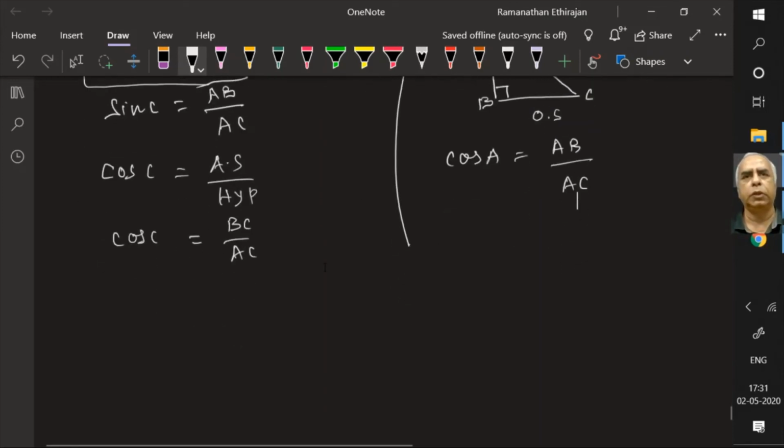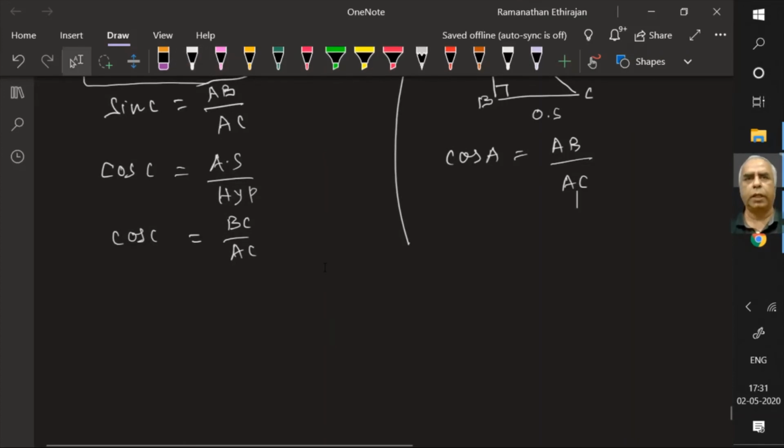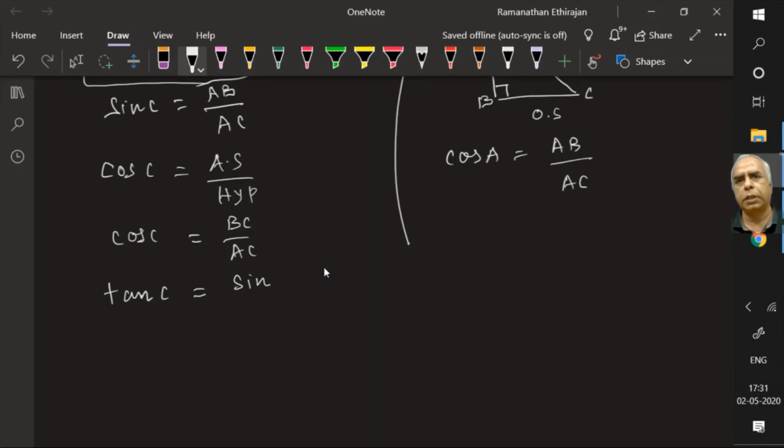And then you should know tan, that is tangent. Tan C is nothing but sin C by cos C. Let us go by the original formula based on opposite side, adjacent side and hypotenuse.